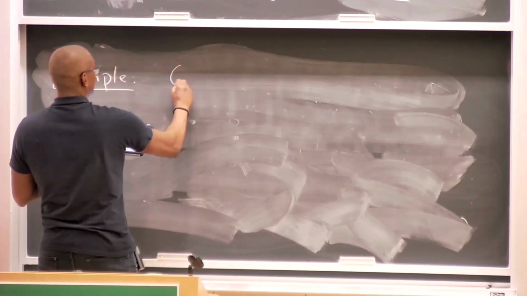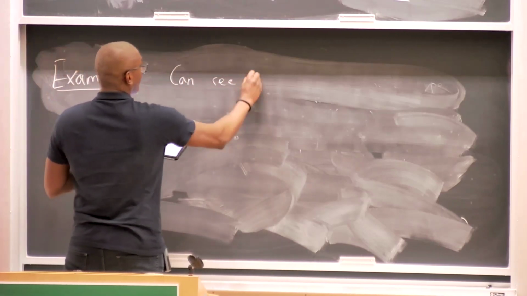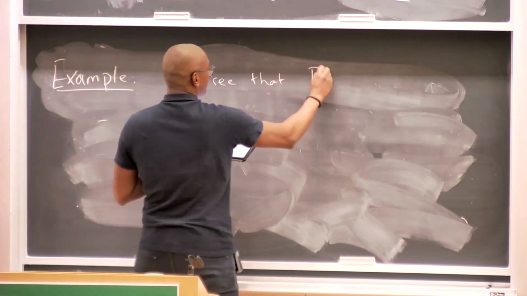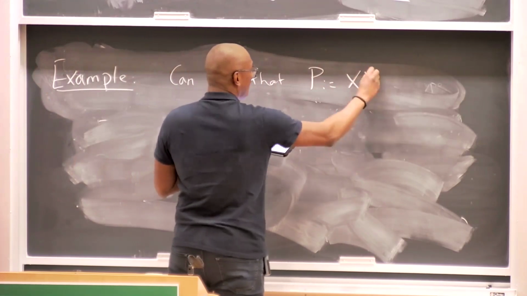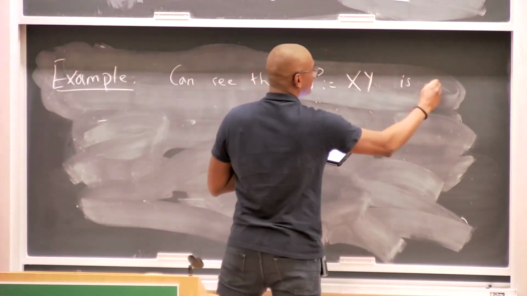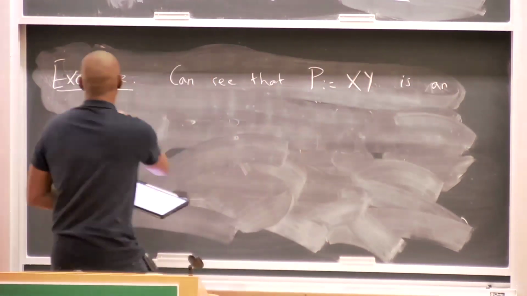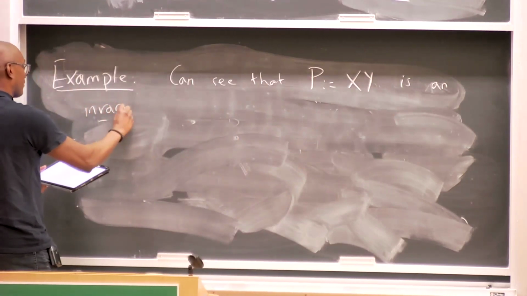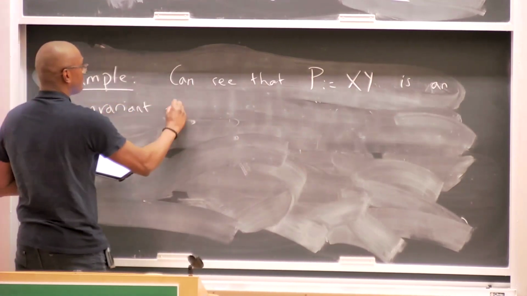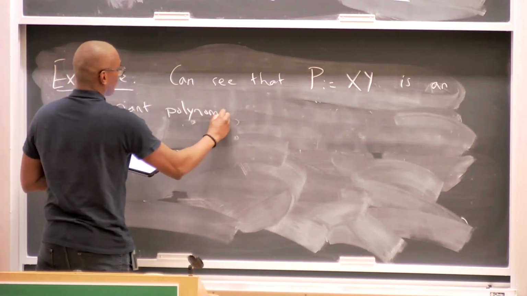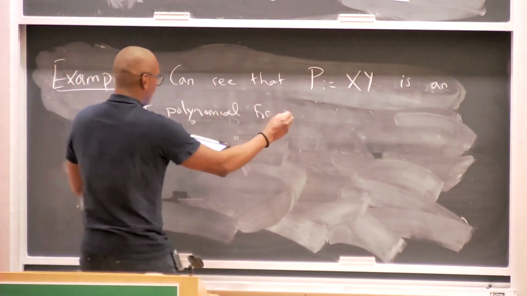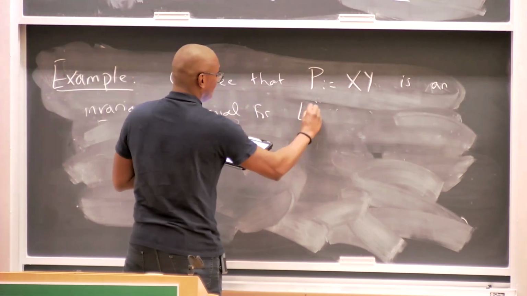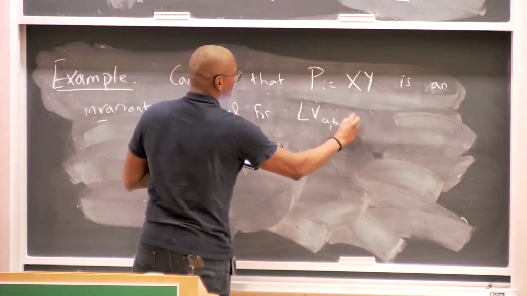You can see that P given as xy is an invariant polynomial for the system LV ABC.